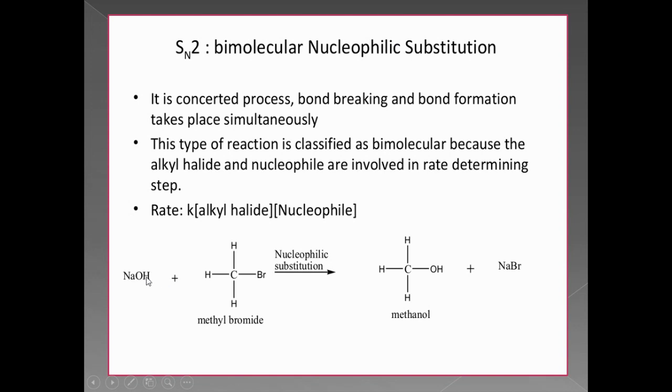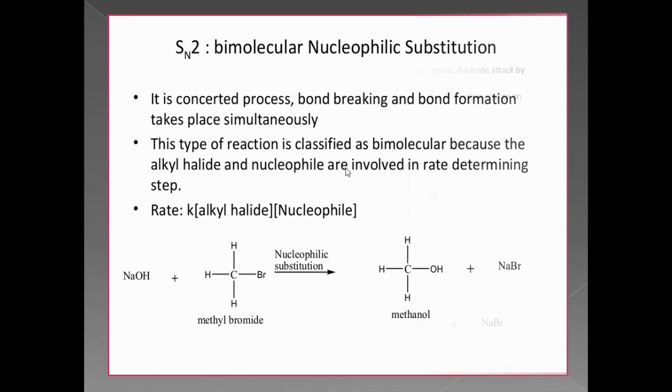Now, how is the attack possible? This OH nucleophile will attack this carbon atom. Br is the better leaving group, and that's why CH3OH is formed, and NaBr is removed from here. So methanol is formed from methyl bromide by the attack of the simplest base or nucleophile, NaOH.